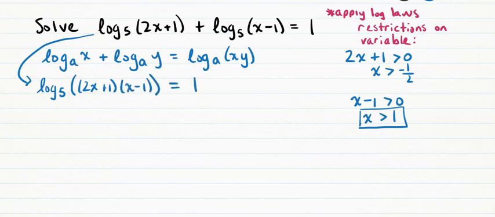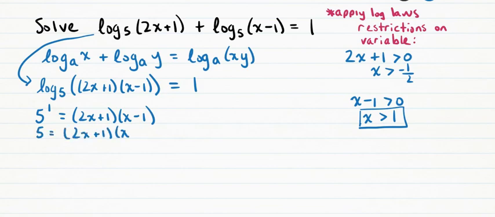And the right-hand side is still 1. So now we have this written as a single logarithm, and we can rewrite this in its exponential form. So we have a base of 5, an exponent of 1, is equal to the value 2x plus 1 times x minus 1. So in other words, 5 is equal to 2x plus 1 times x minus 1.